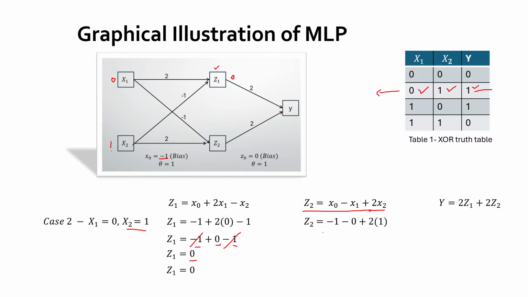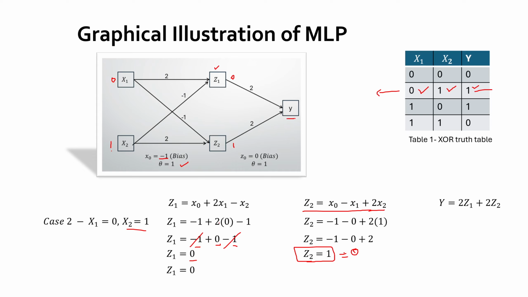So in this case, it will be -1 minus 0 plus 2. So now z2 will be equal to 1. In this case, the weighted summation at the neuron z2 is 1 and it is equal to the threshold theta. So this neuron will be activated and it will pass a value of 1.